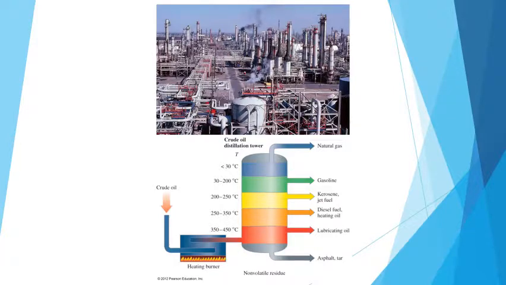Crude oil is just a big sludge of black-brown stuff. When they distill it, first they collect asphalt and tar, and so forth, and higher up is gasoline and natural gas.